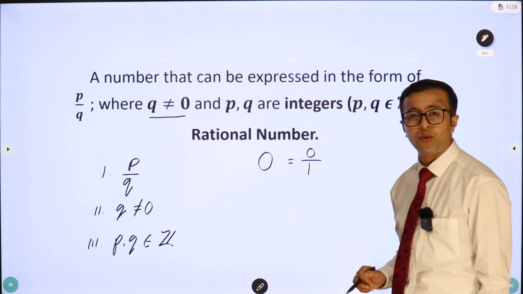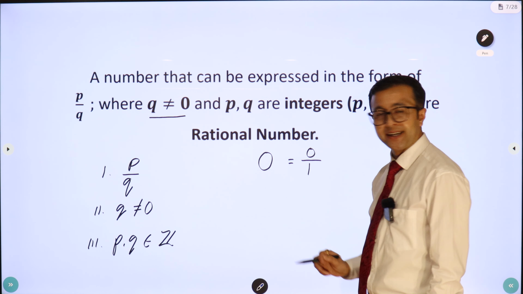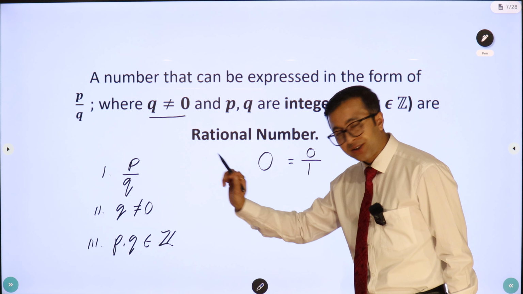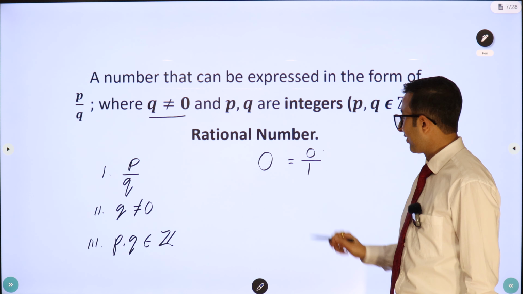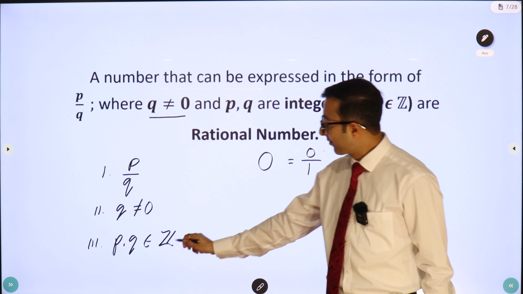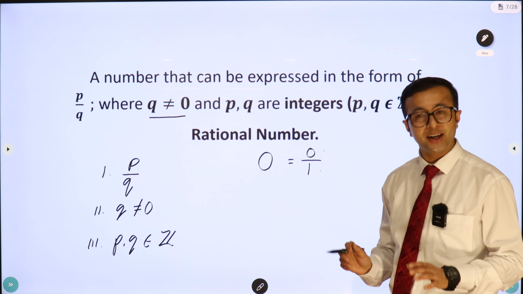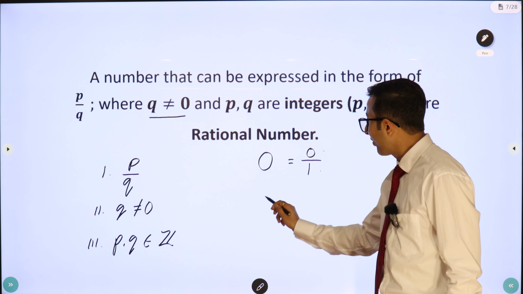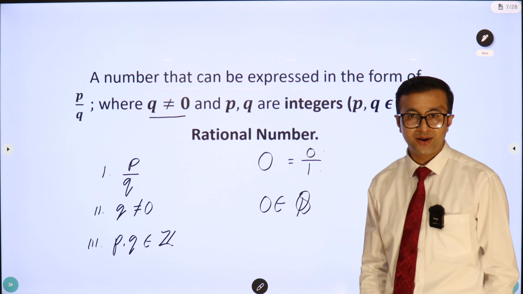So I have written 1 here, so in the denominator there is no 0. So the first property is satisfied. The second property is also satisfied as the denominator is non-zero. Both numerator and denominator, you can see here, are from the set of integers. That means 0 is an integer, 1 is also an integer. It means that 0 belongs to the set of rational numbers.